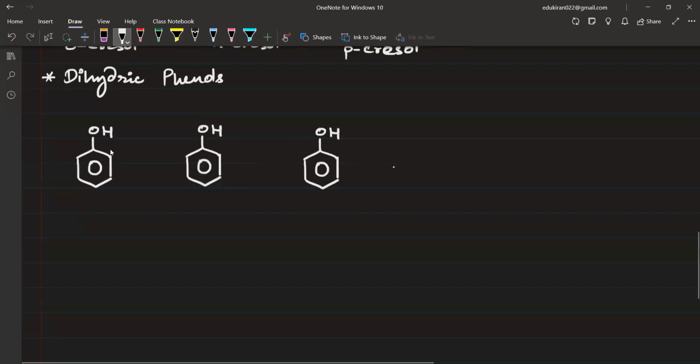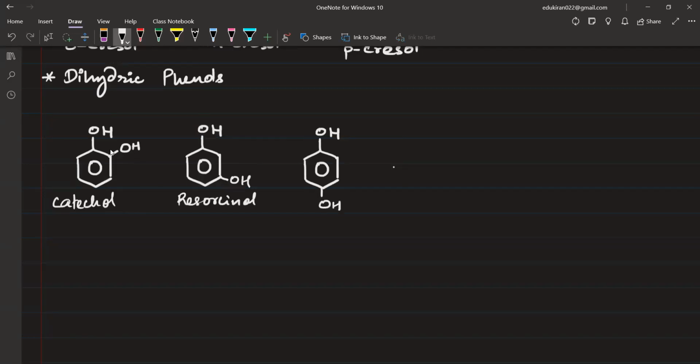When you have this in the ortho position, we call this catechol. In the meta position, we call it resorcinol. In the para position, we call it hydroquinone, or we call it quinol.